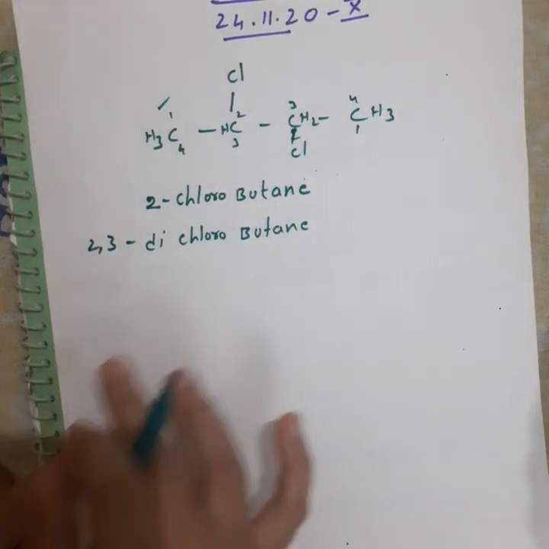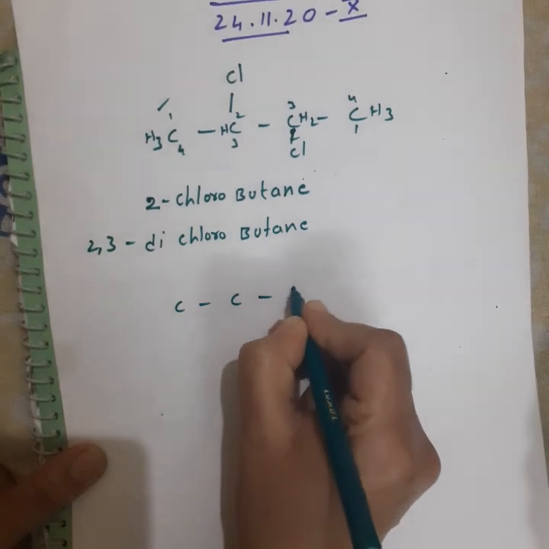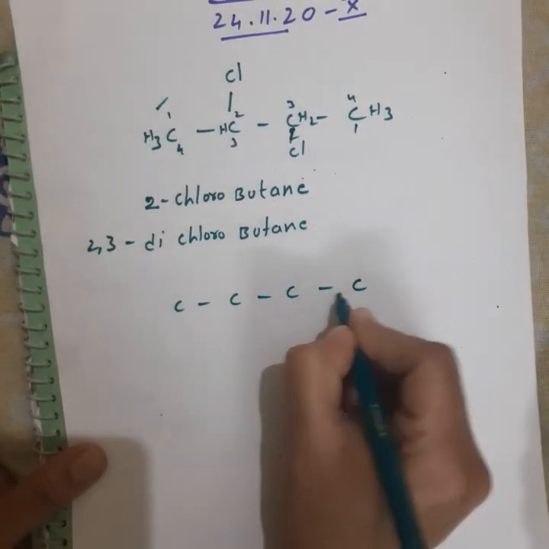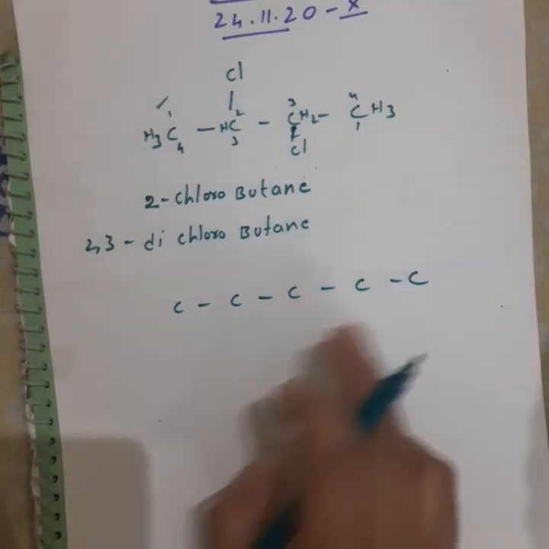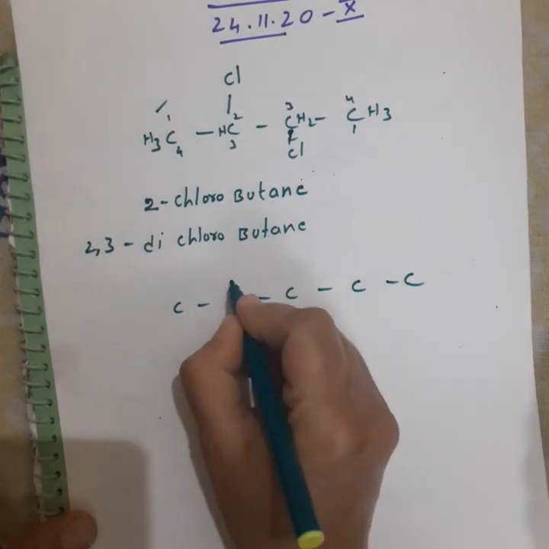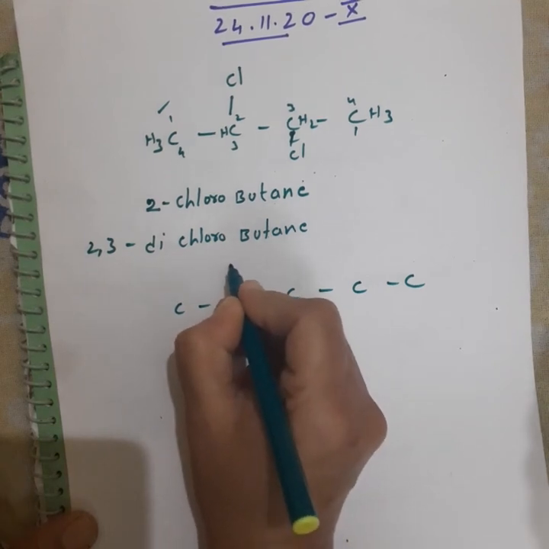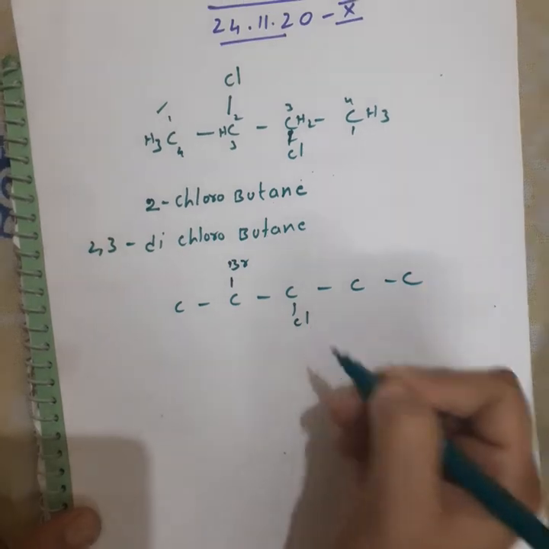Now let us assume that instead of the same halogen, we have two different halogens as substituents on the parent chain. Let me take another hydrocarbon. Instead of 4, let us take 5 carbons. You have one substituent on this carbon and another on this carbon. One is bromine and the other is chlorine.